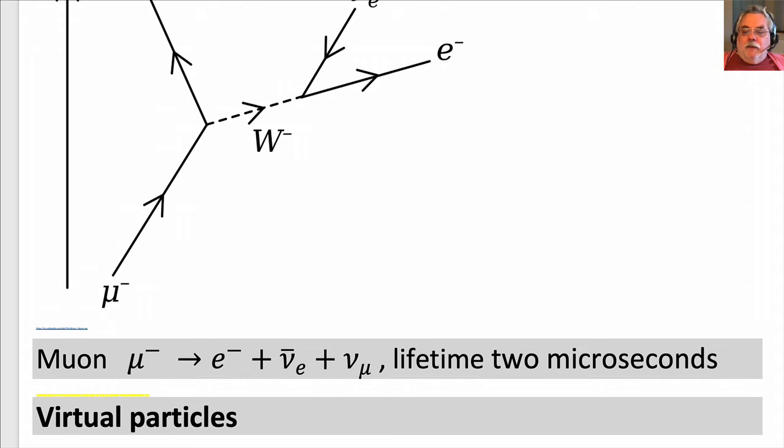Particles created from the borrowed energy are virtual particles, with the same properties, mostly, as real particles, except the particles are very temporary. There is a borrowing time that depends on the amount of borrowed energy.